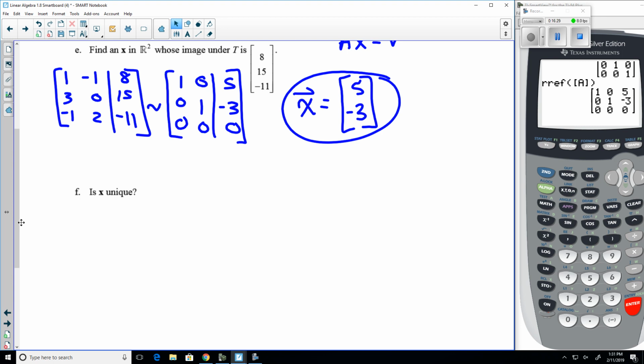So that means it's unique. If you got a free variable and you had infinitely many solutions and it's not unique, you can come up with different x's that'll make it work. Here, there's only one way to do it. So the answer is yes. We have one solution, it's unique. There's only three options: no solution, infinitely many, and one solution which makes it unique.